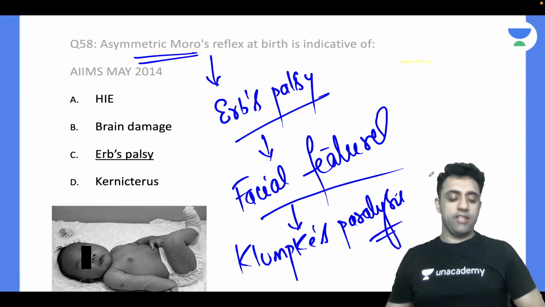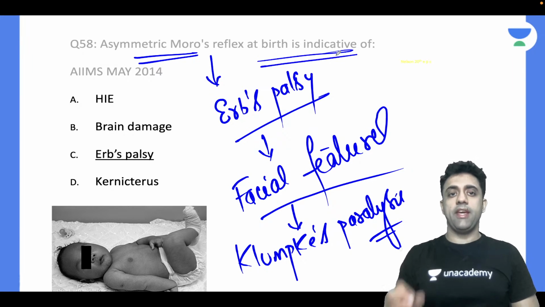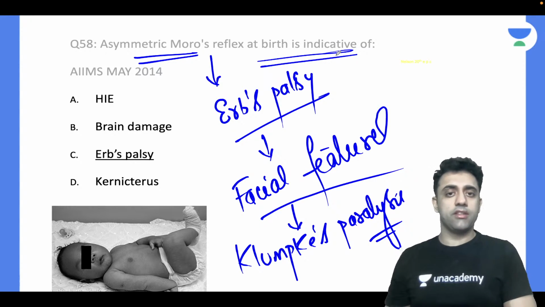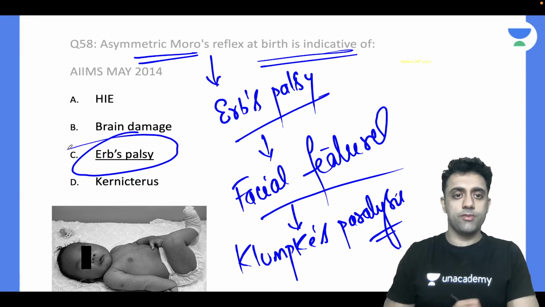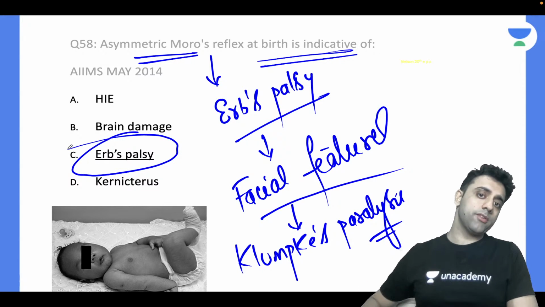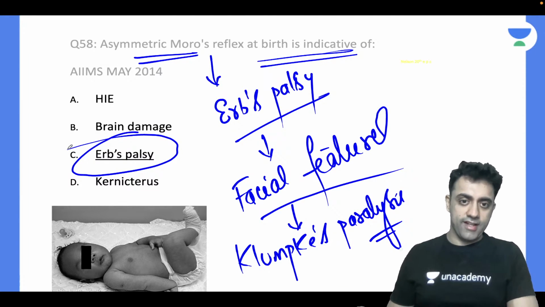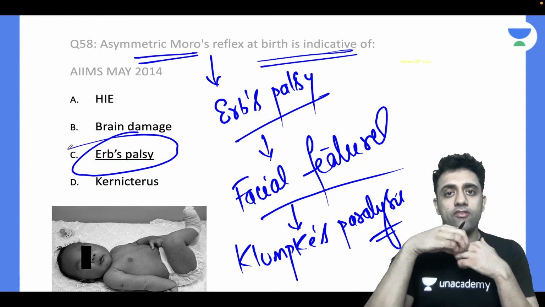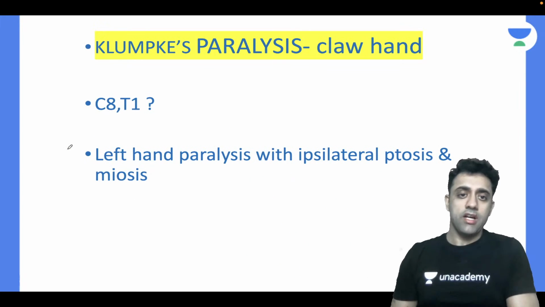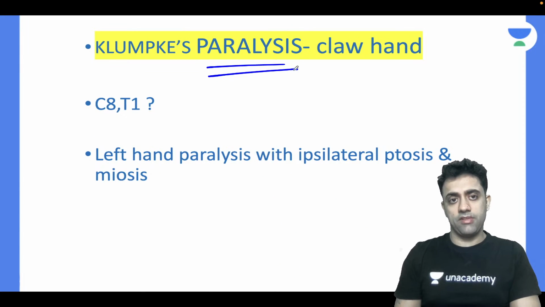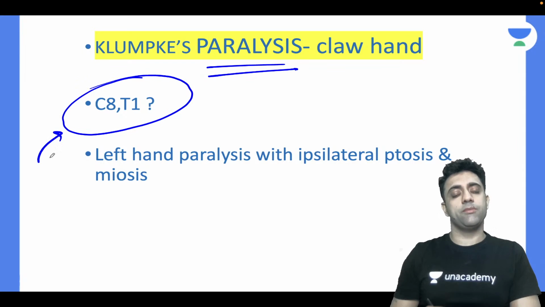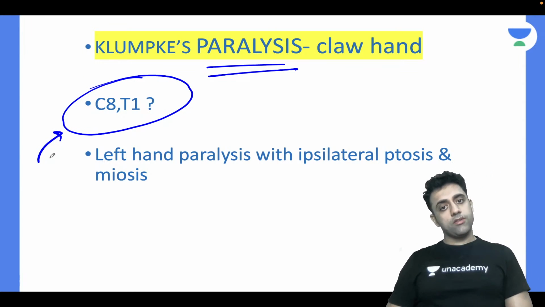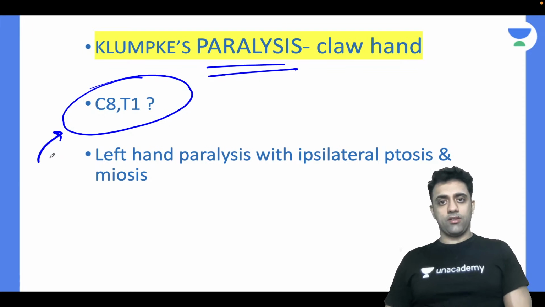That's why I'm telling you. See, if the question comes like this, asymmetric Moro reflex, most common cause or indicative after birth, indicative of what? The answer is Erb's palsy. But a patient with asymmetric Moro reflex also having some facial features like miosis, you will always think of Klumpke's paralysis, because in Klumpke's paralysis, the lower part of the brachial plexus, C8 and T1, is also involved.